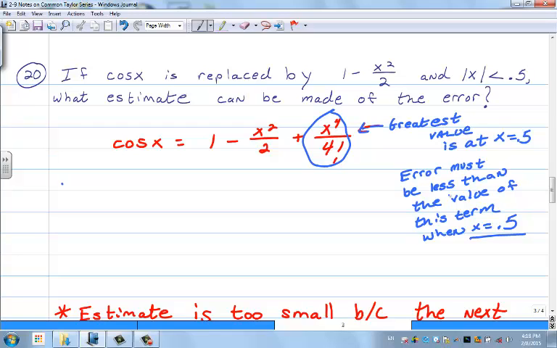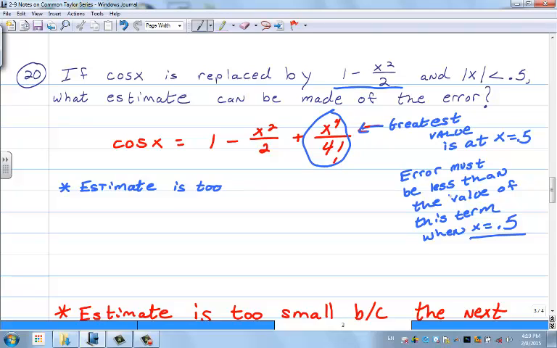Oh, also, this estimate, we want to know, is it too small or too big? Well, the estimate is too small. The reason the estimate using 1 minus x squared over 2 is too small is we add the next term. So in order to get closer to the value, we're adding something. That means the estimate must have been too small.